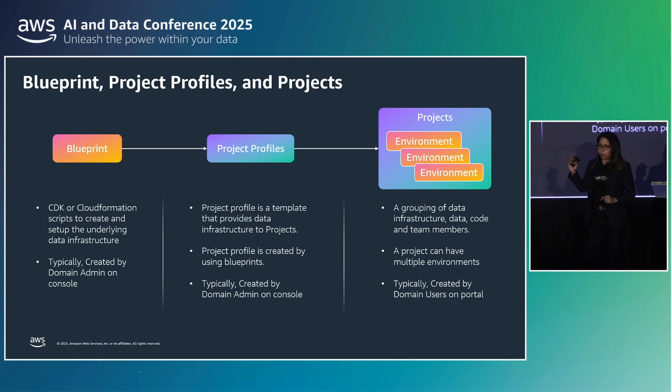And then you go to project profiles. Remember, it's a bunch of blueprints or it's a single blueprint for creating something. But this is, you pick the blueprints that you want based on what potential project you want to do. For example, if your project is about data analysis, you might want to have, I don't know, EMR for data processing, and then Athena for query.